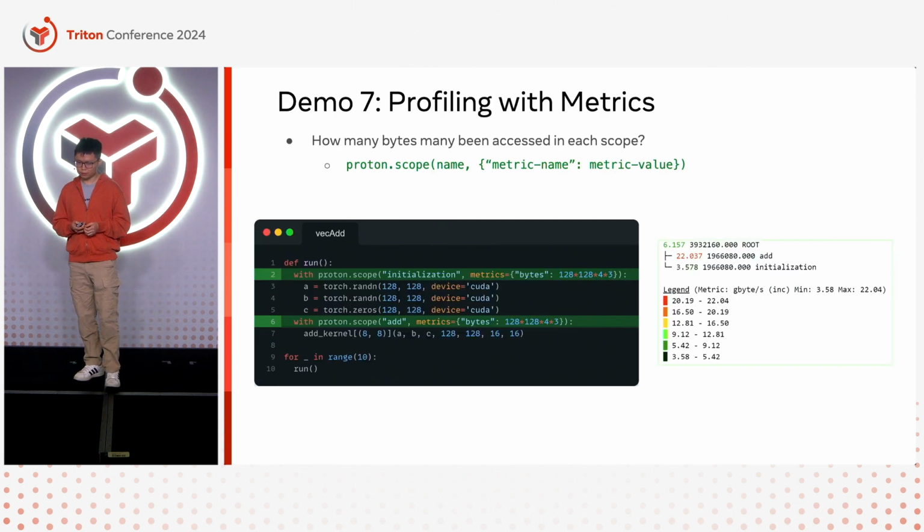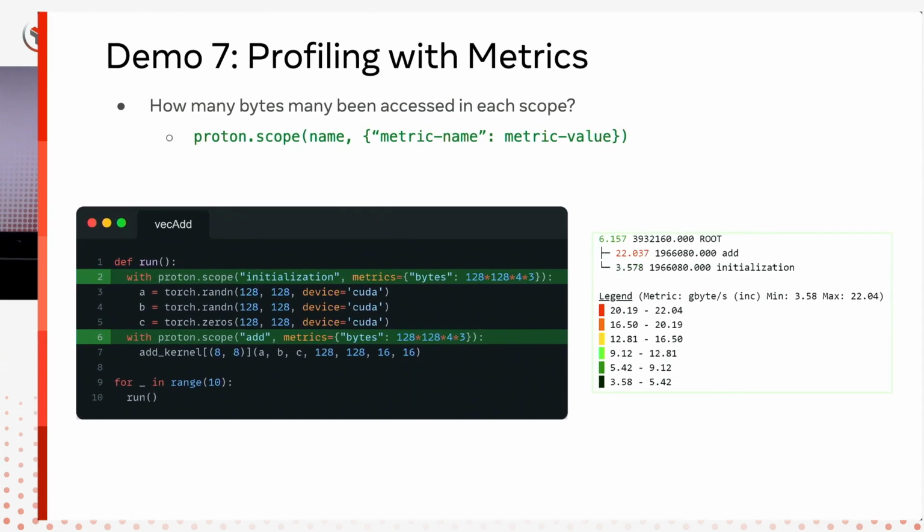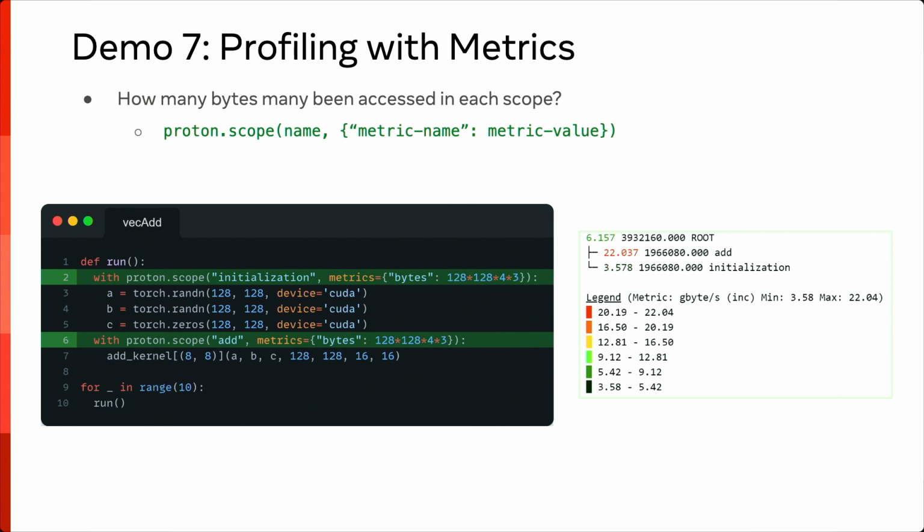So to supply the metrics, this is just another field in the scope API. Previously, we talked about how we can supply a name to rename the scope, but there's also another argument, which is a dictionary that you can supply to the scope API. This dictionary has the key as the metric name and the value as the metric value.